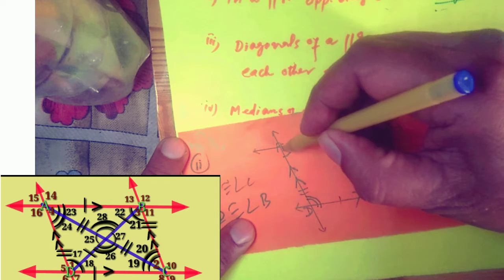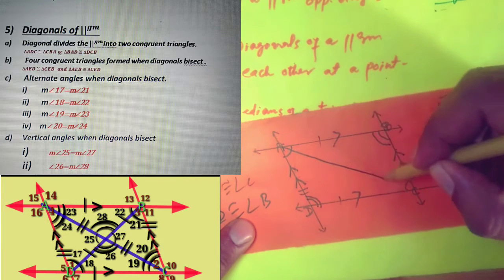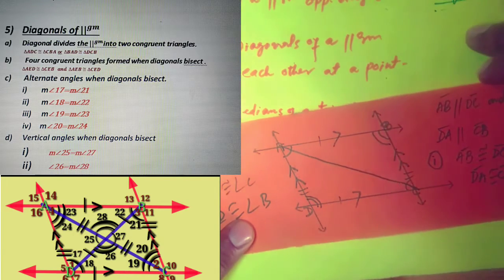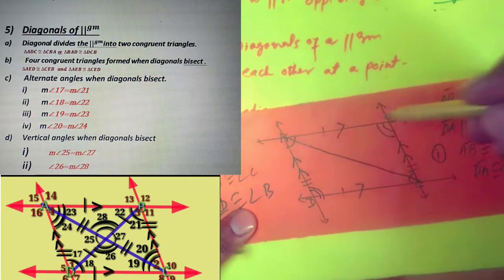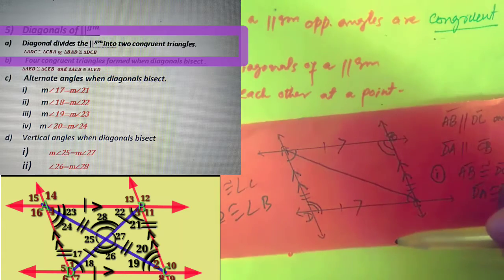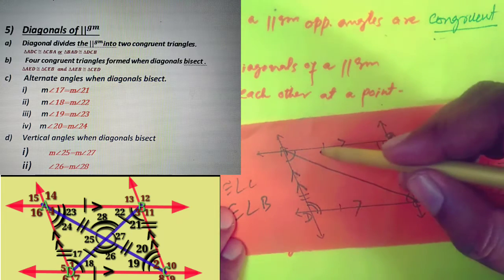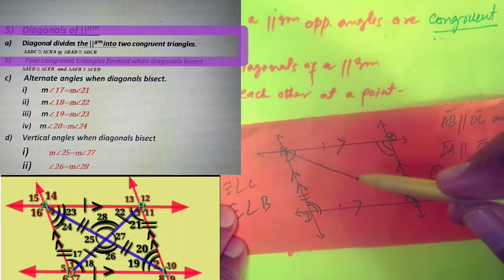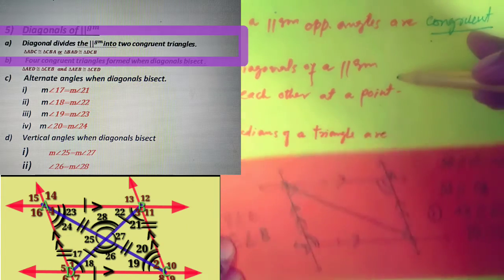Means first a diagonal is drawn between point A and C. This diagonal divides the parallelogram ABCD into two triangles, triangle ADC and triangle CBA.